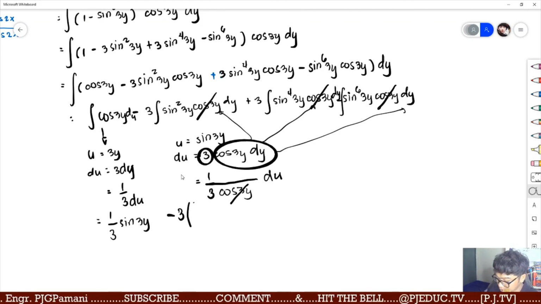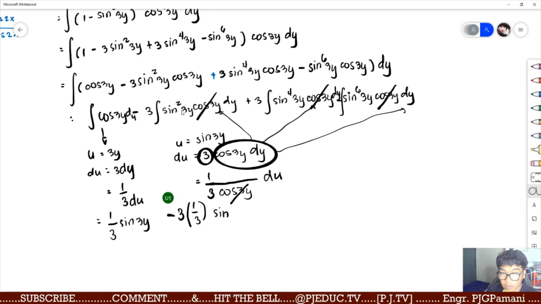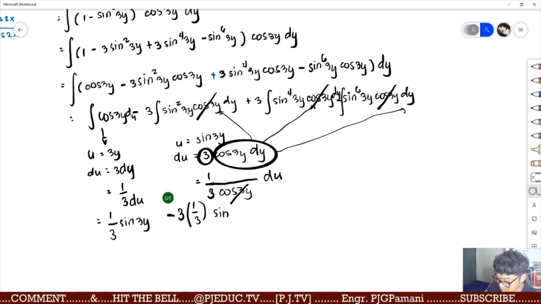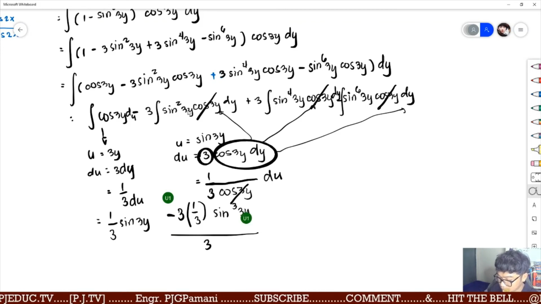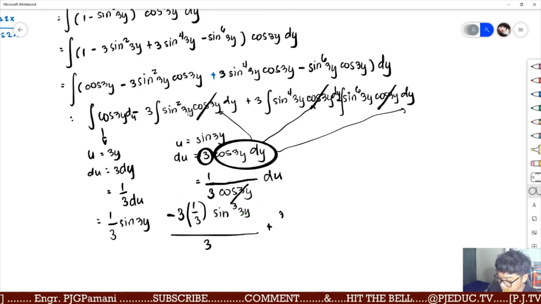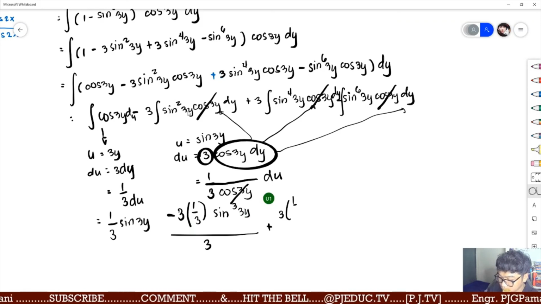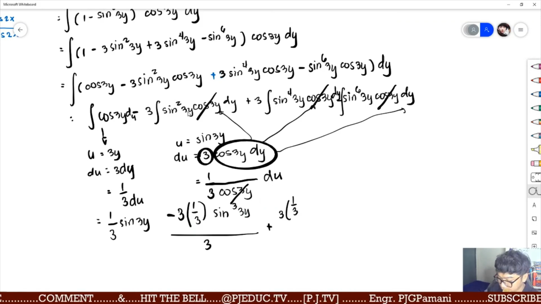So, 1/3 sine squared plus 1. So, sine cubed 3y all over 3. Plus 3, correcting factor, 1/3. Sine raised to the 4th is 5. Plus 1, so sine raised to the 5, 3y all over 5.